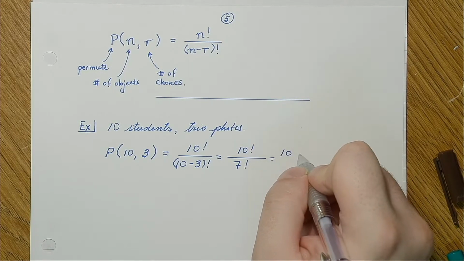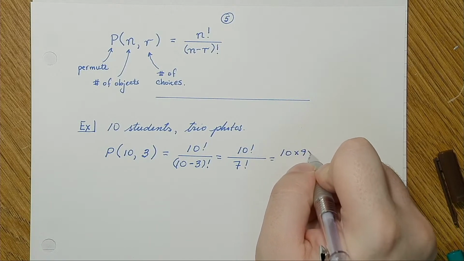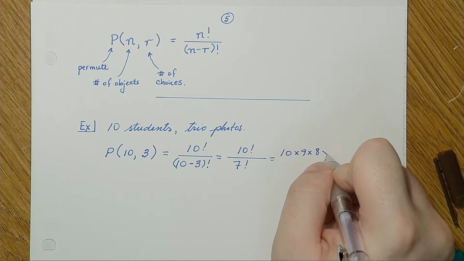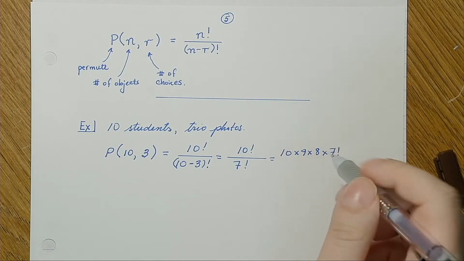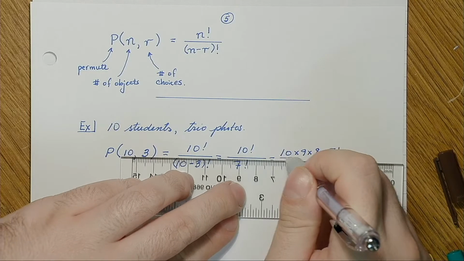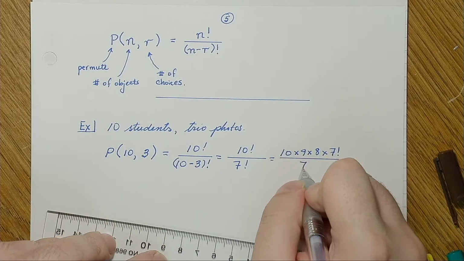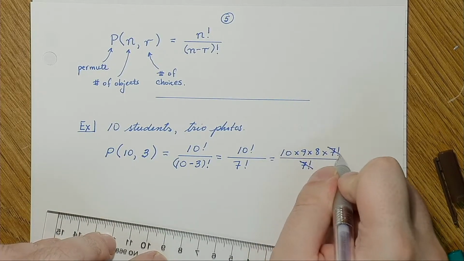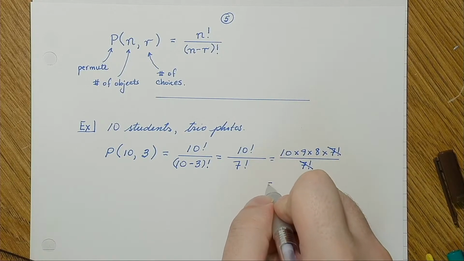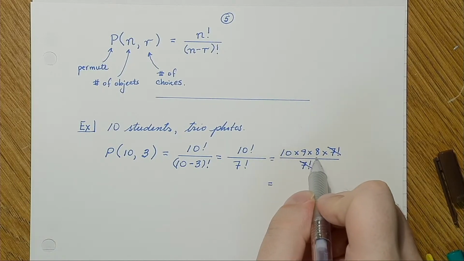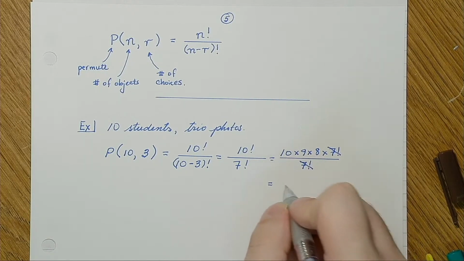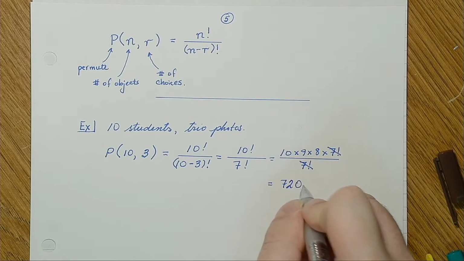So then I have 10 times 9 times 8 over 7 factorial. That cancels out. 9 times 8 is 72, times 10 gives me 720.